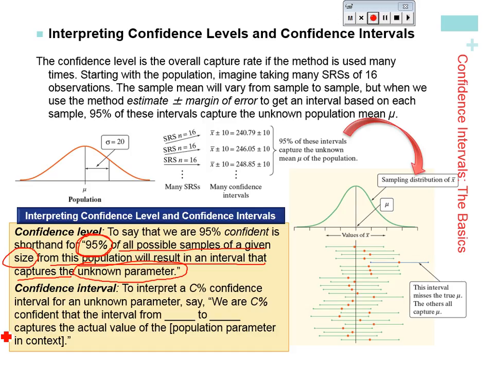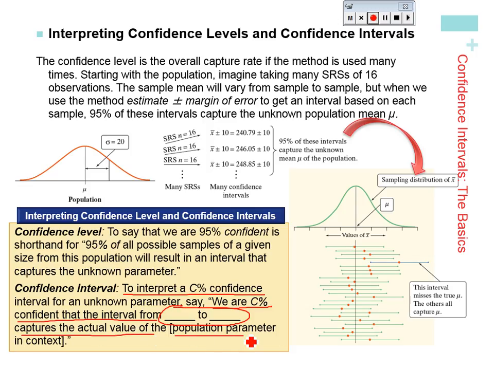So that's basically some different things with interpreting a confidence level. If we're talking about interpreting a confidence interval, to interpret a C% confidence interval, and I'm using C% here, so that would be 95% or 90% or whatever your confidence level would be, for an unknown parameter, what we would say is that we are C% confident that the interval from, and then you would put what the confidence interval is right here, captures the actual value of the population parameter in context.